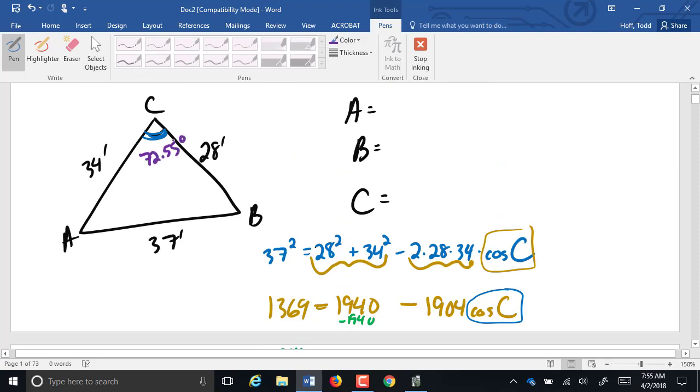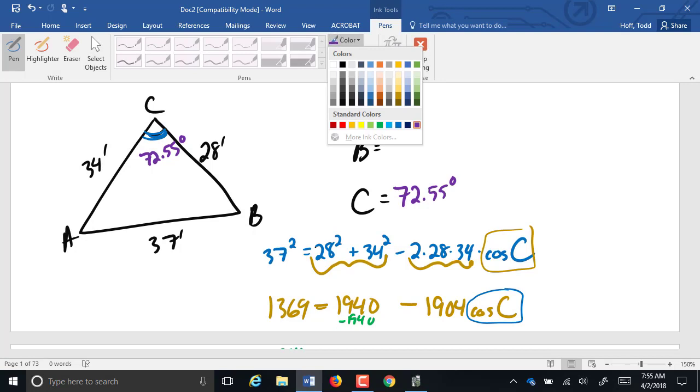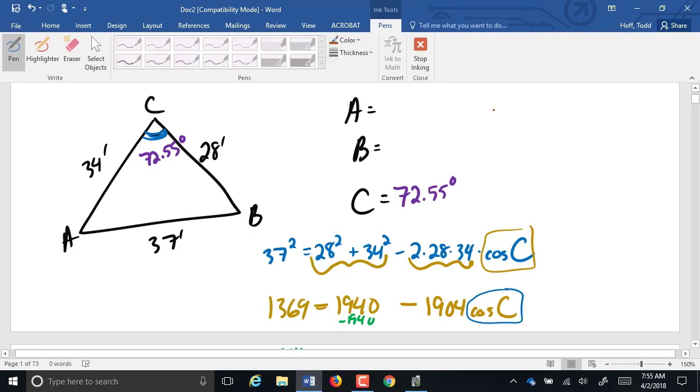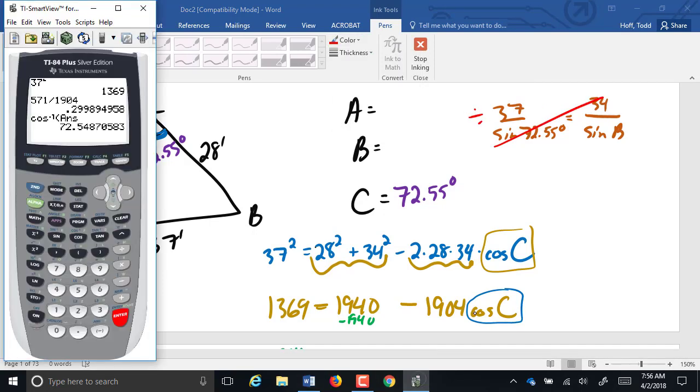Once you find one angle, then of course, we can find the rest because now we have a side and an opposite angle. 37 over the sine of 72.55 equals, we'll do the smaller one, 34 over the sine of B. Cross multiply and divide.